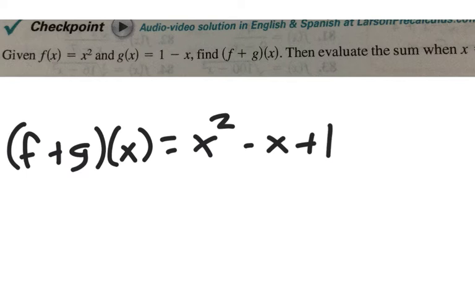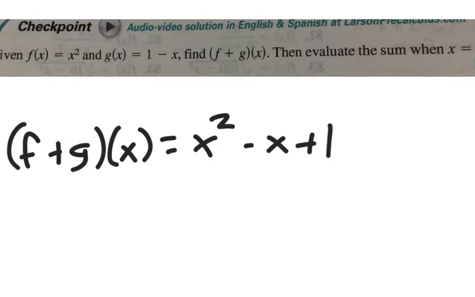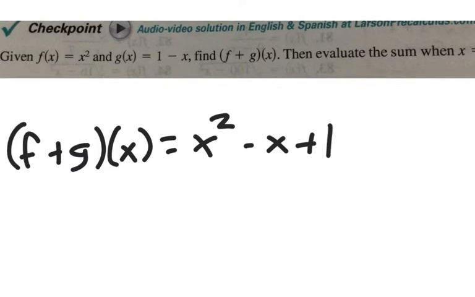Got a question. It says evaluate the sum when x is 2. So what's a sum? Oh, it's like ending the whole sentence. Yeah. There's a period after that. See if I scroll over, period. That's it. It's over. That was confusing. I didn't know if it was like adding on like 2 points. No, not 2.4. No. Just 2.